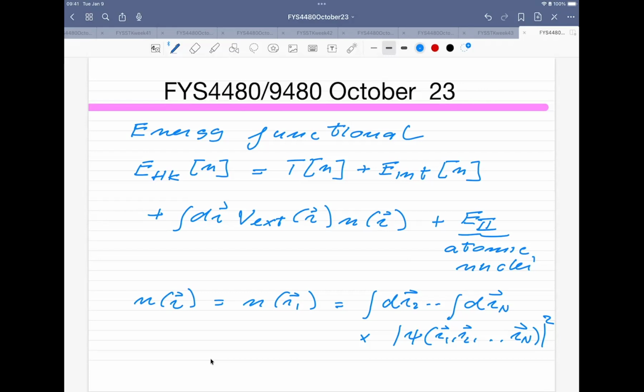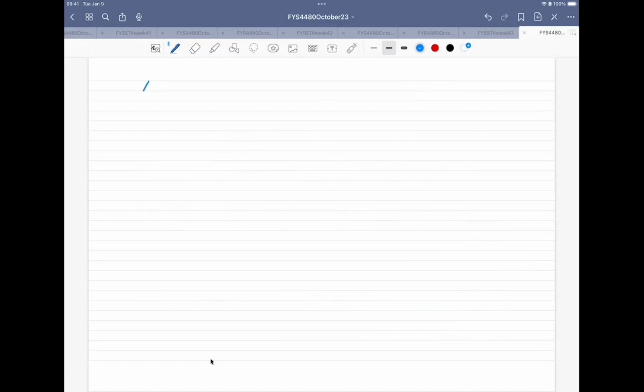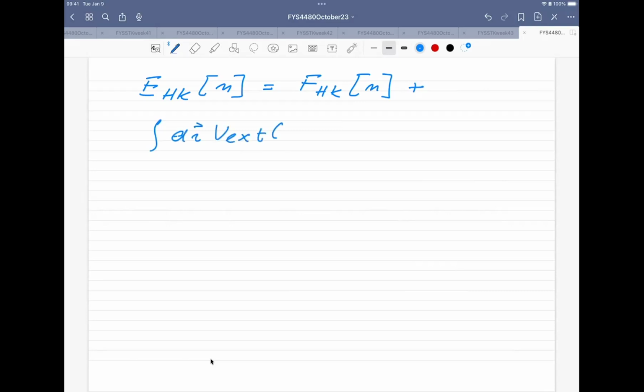So it's common to rewrite this energy functional, and I'm keeping this HK, Hohenberg-Kohn, in terms of a functional, which we are going to call F of HK of n here, plus a term which is going to be given by the external potential, which could then be a one-body potential which attracts an electron if we are studying electrons and confines the motion of an electron.